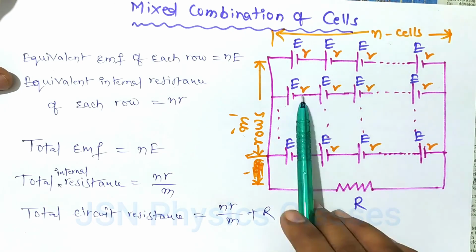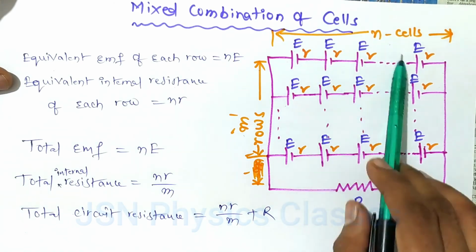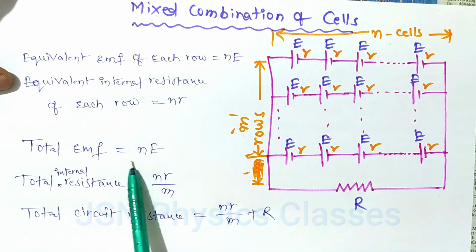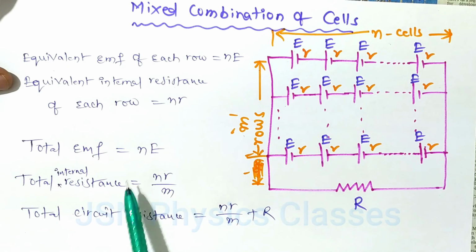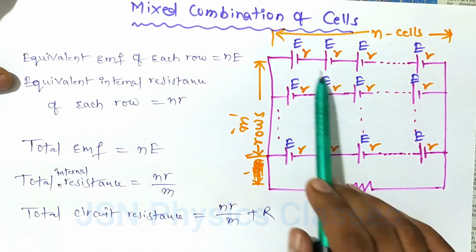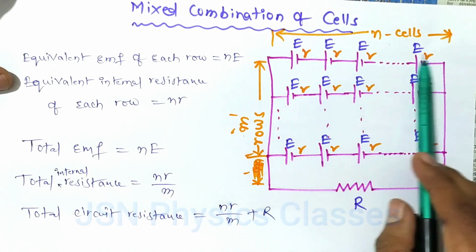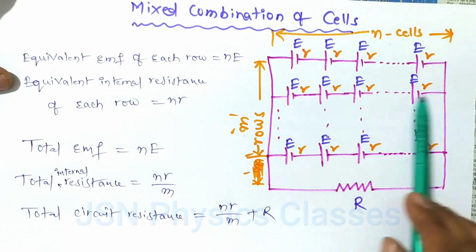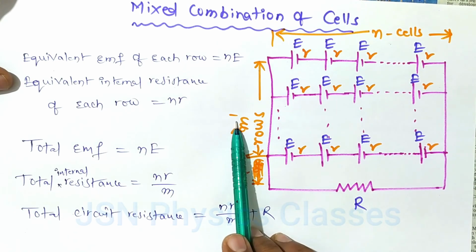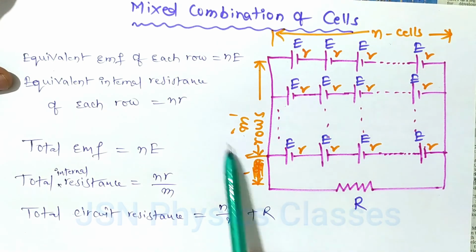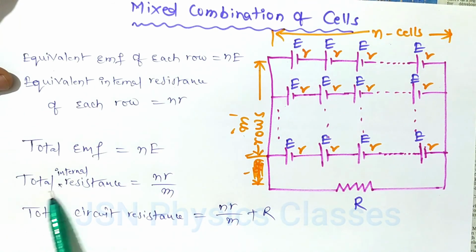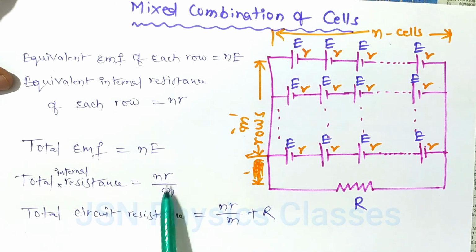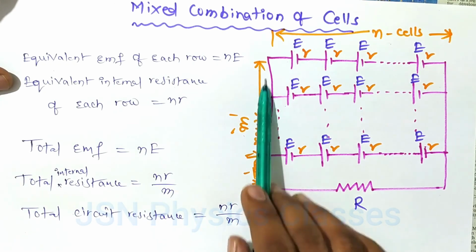So the total EMF is nE only in parallel combination. Similarly, what is the total internal resistance? Here m number of nRs are connected in parallel combination. So that's why the total internal resistance is nR by m, because m number of rows are in parallel.